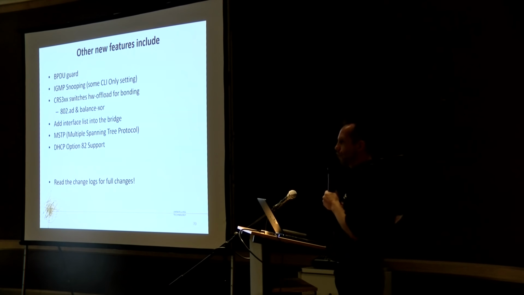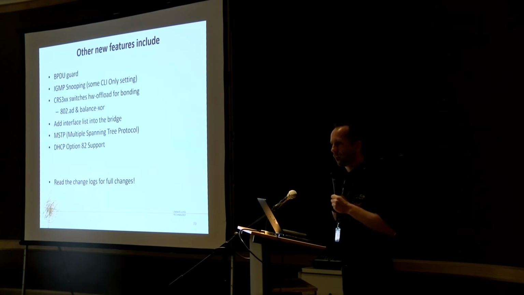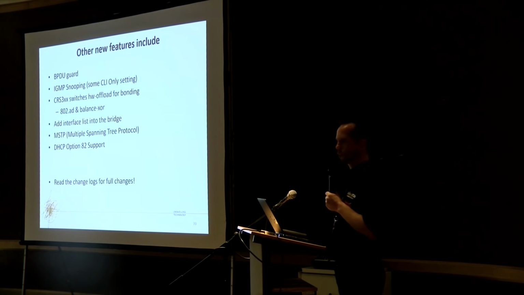Some other features in the new release, 6.43, that you can see and read about. BPDU guard, to protect which ports do and don't participate in spanning tree. IGMP snooping, but quite a lot of the settings for that are in the CLI only.